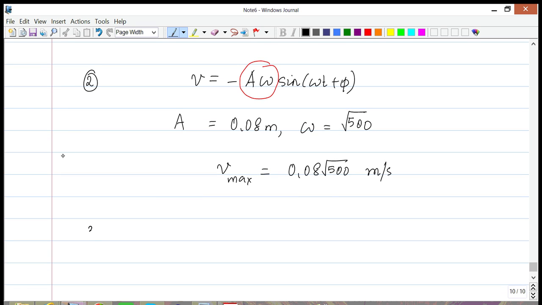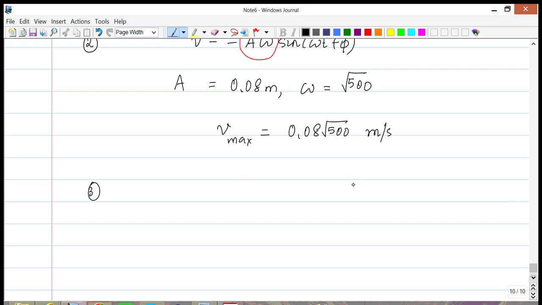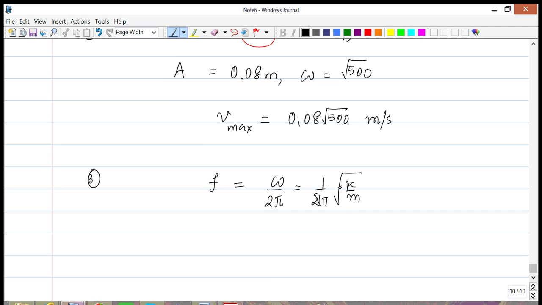Now the third question is asking what would change: whether the frequency would change, or whether the maximum speed would change, if we change the amplitude. So let's ask this question. What is the frequency? Frequency is equal to omega divided by 2 pi, which is 1 over 2 pi times square root of k over m. The frequency is completely independent of the amplitude.